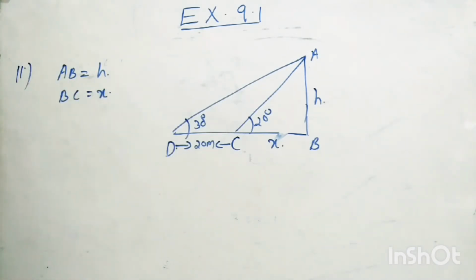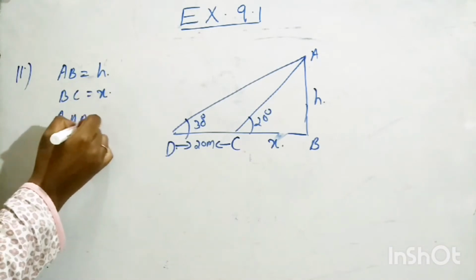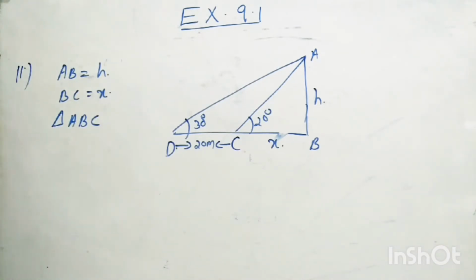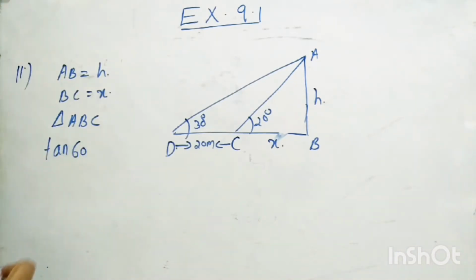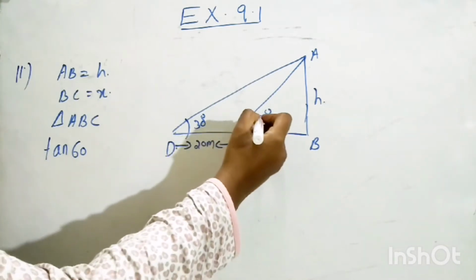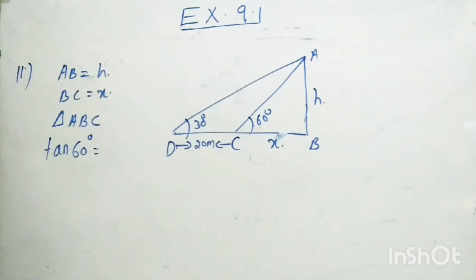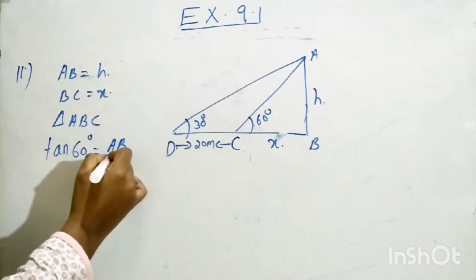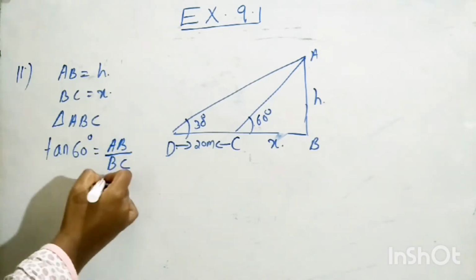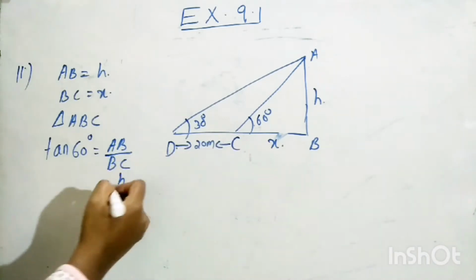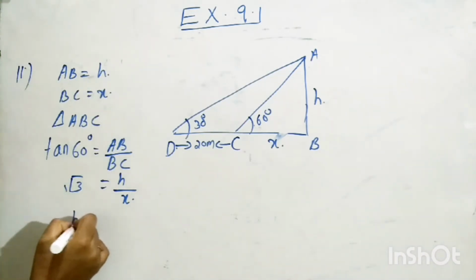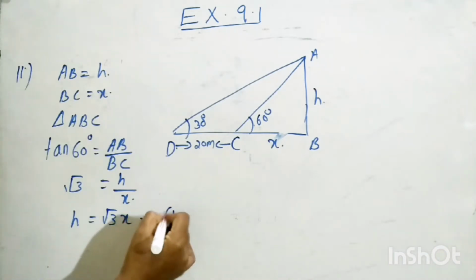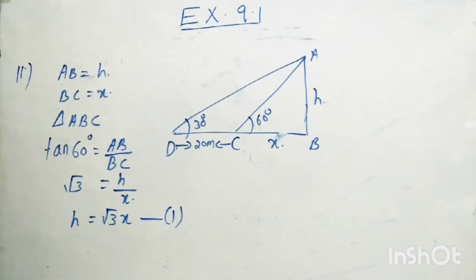Now, in triangle ABC, tan 60 degrees is equal to the opposite side divided by the adjacent side. This is equal to AB, that is h, over the adjacent side, that is x, and the value of tan 60 is root 3. From this we get h is equal to root 3 x. Put it as equation number 1: h is equal to root 3 x.